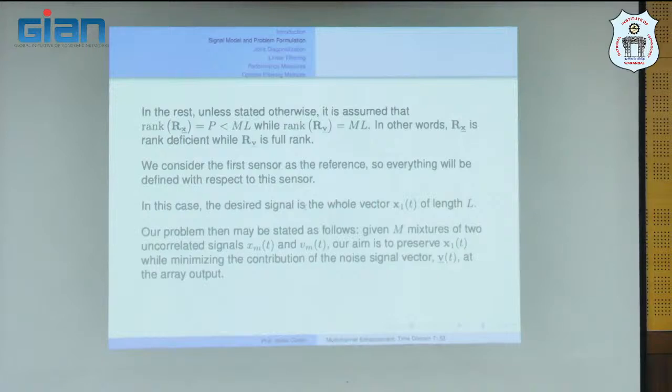Otherwise, if it's full rank, we can still reduce noise, but necessarily it will come with signal distortion, which is still okay, because we can use Wiener or we can reduce noise from the weak signal components. And gradually, we will reduce noise from higher and higher, stronger signal components, and we get a good trade-off between noise reduction and signal distortion. But always we will have some trade-off. Okay. Let's continue.